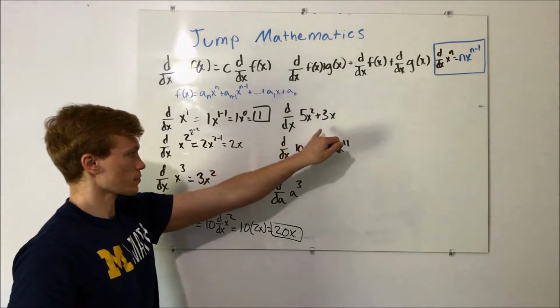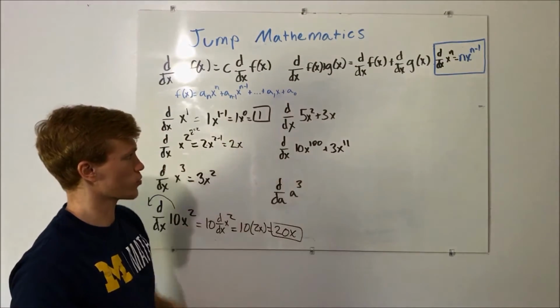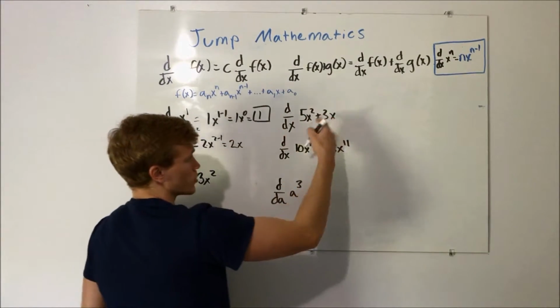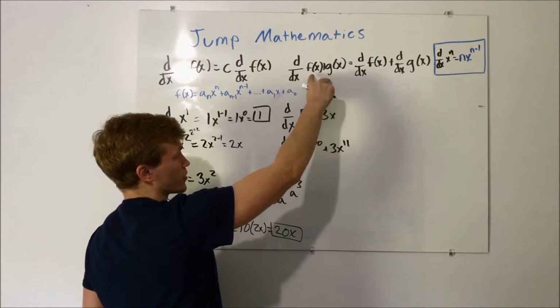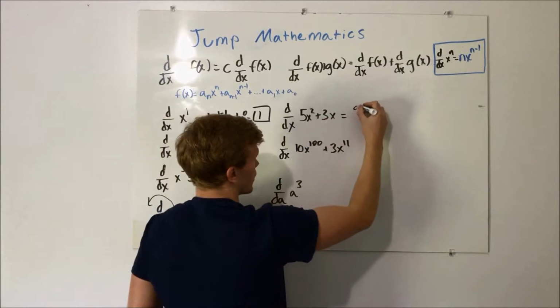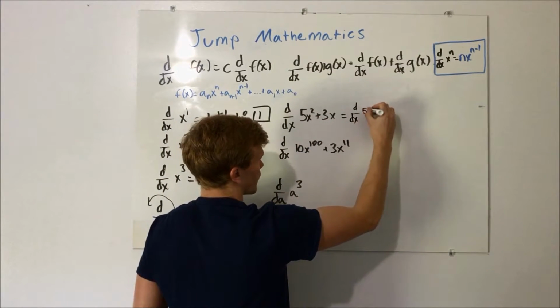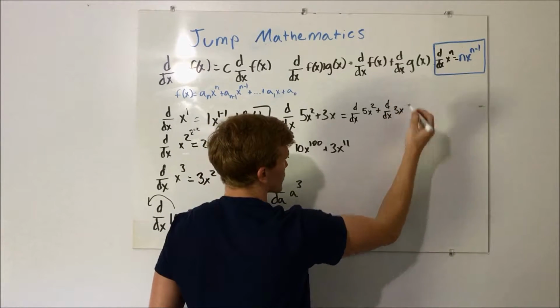Okay, moving on. This one we'll do in the long, sort of laborious way, and then through the next ones we'll go through them really quick. We know that the derivative of a sum is the sum of the derivatives. So this derivative should be d by dx 5x squared plus d by dx 3x.